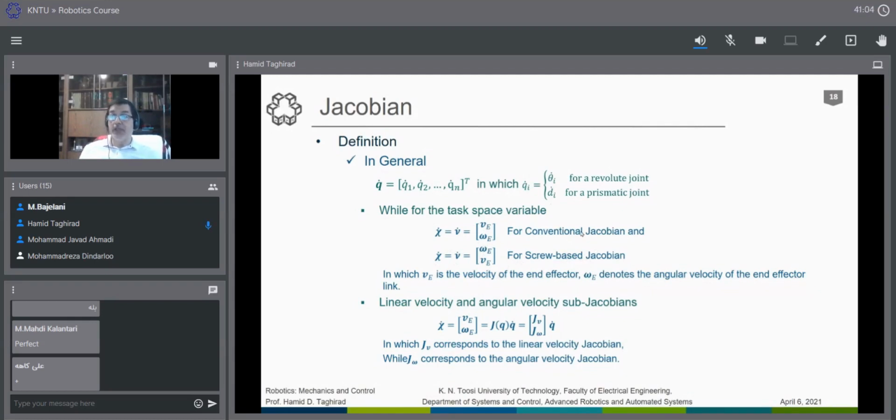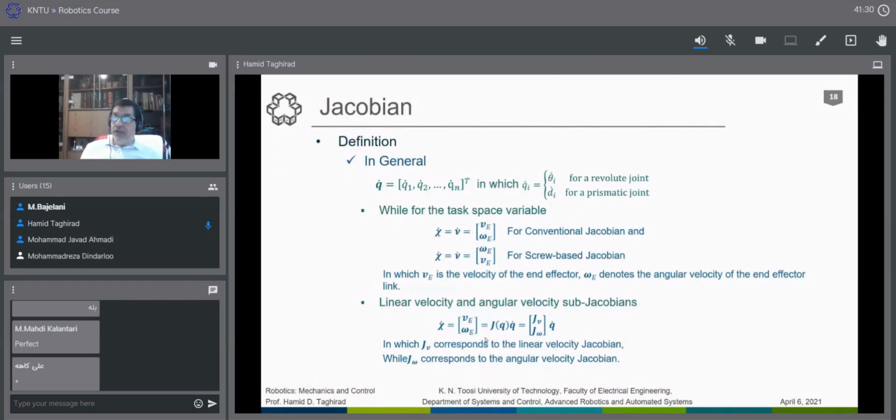The important point is that Q dot is always given, and the X dot is the angular and linear velocity of the end effector point, either in this representation or in this representation. And the Jacobian also can be partitioned into two parts.